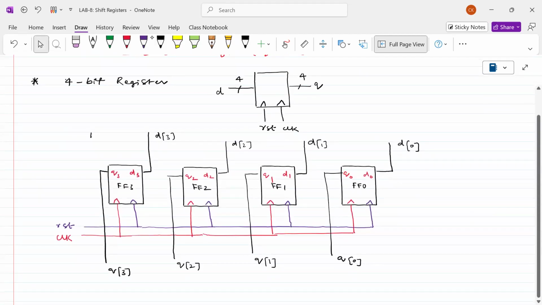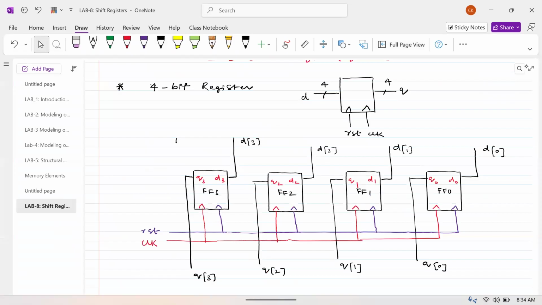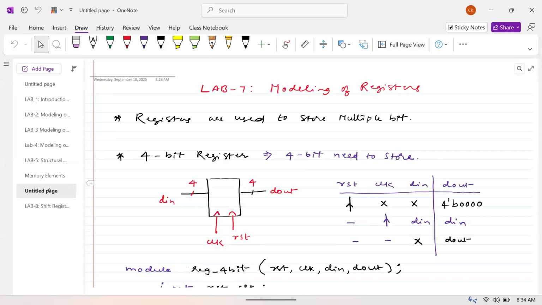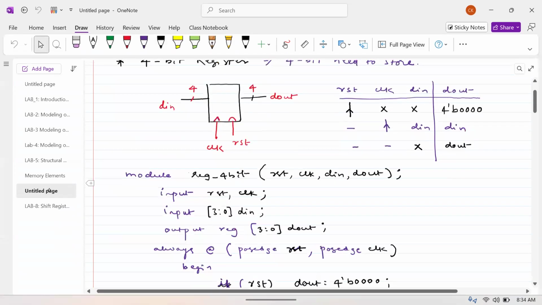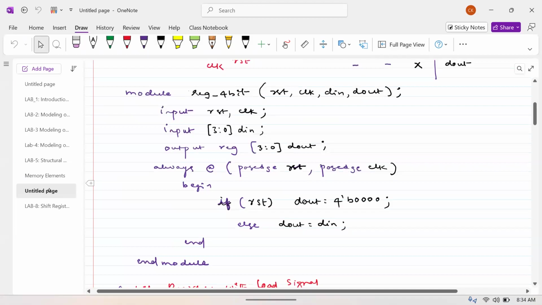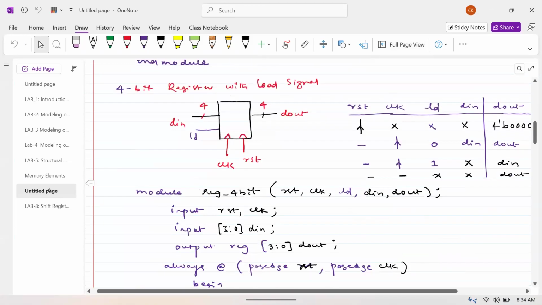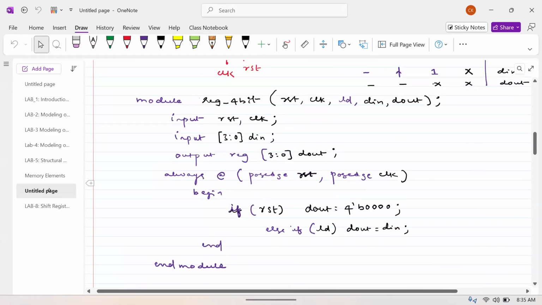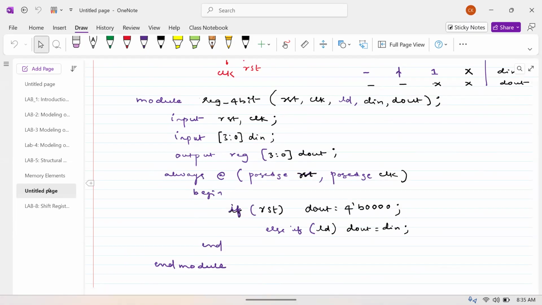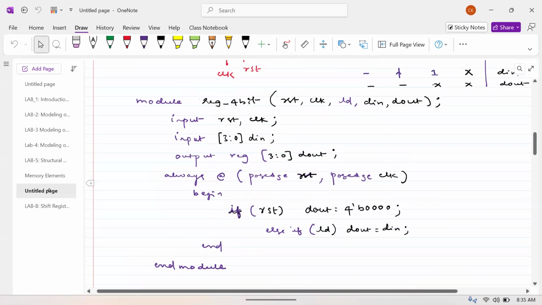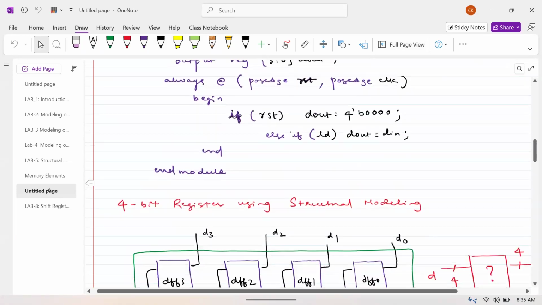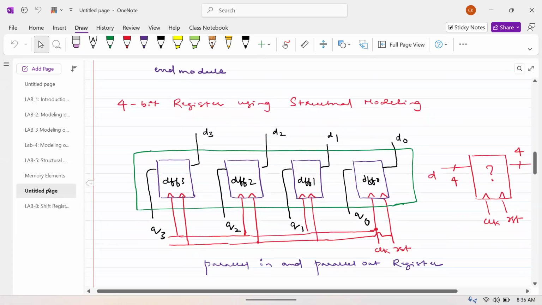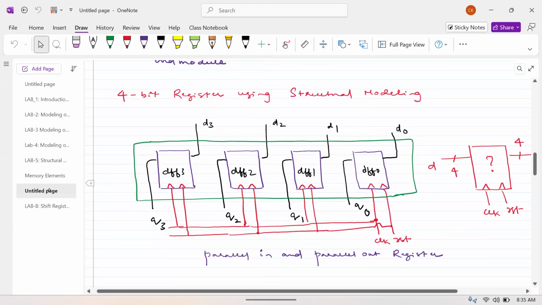So what are the different ways we have written the program in the last class? Since it is a D flip-flop, we wrote a simple behavioral model. The load signal also we have used; somehow we have to keep the load signal. If the load signal is required, what modification do we have to do?